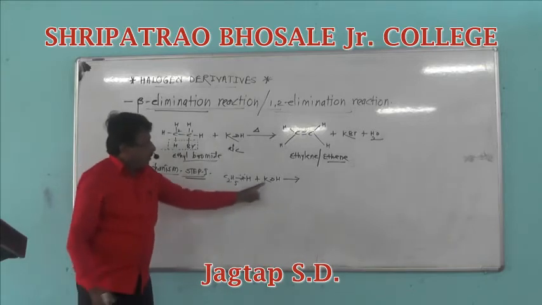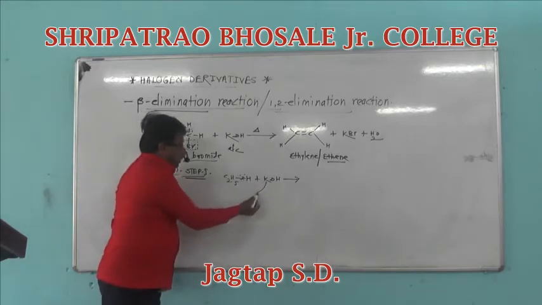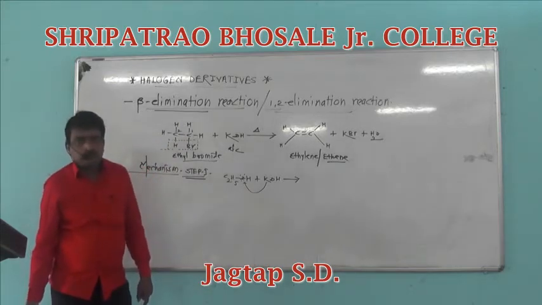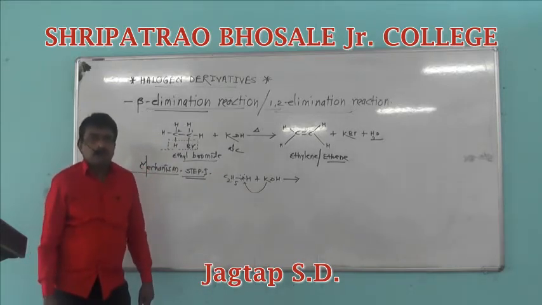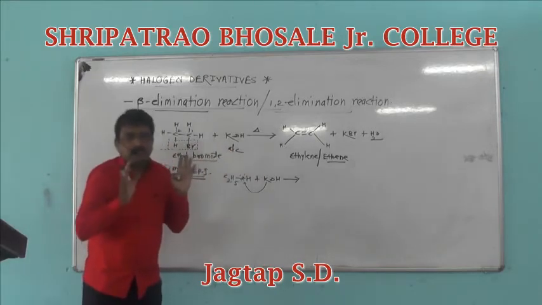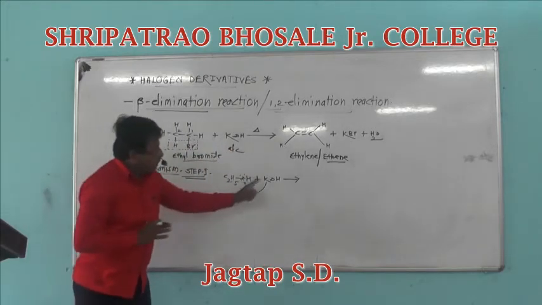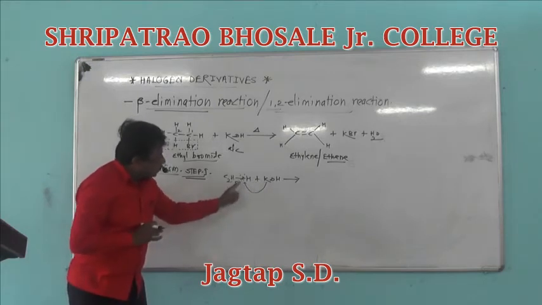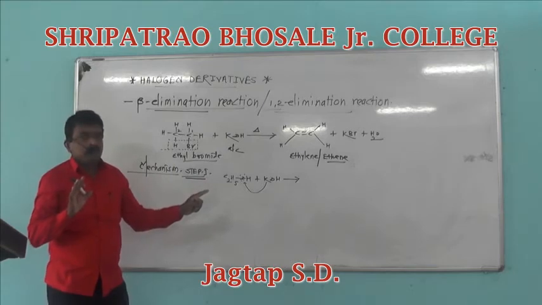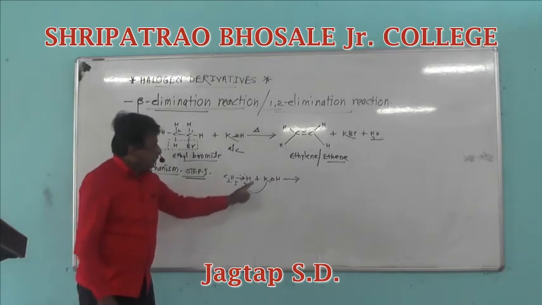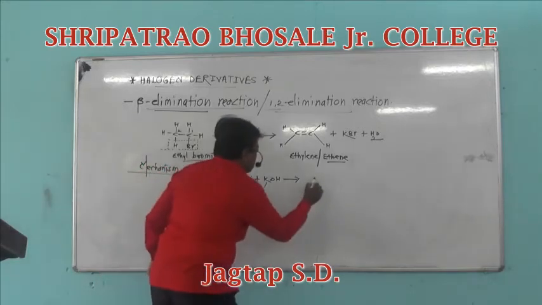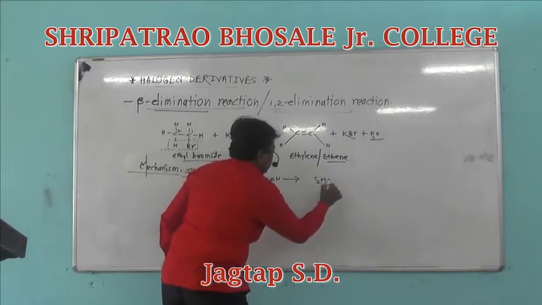Here, potassium reacts with oxygen containing a pair of electrons to form the corresponding alkoxide salt, potassium ethoxide, that is C2H5OK.